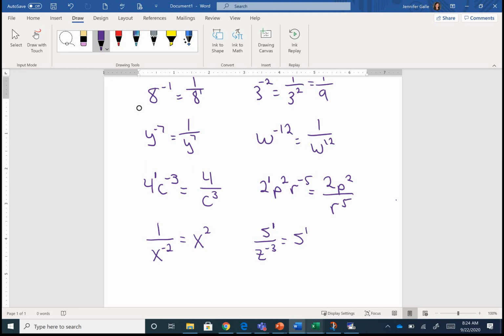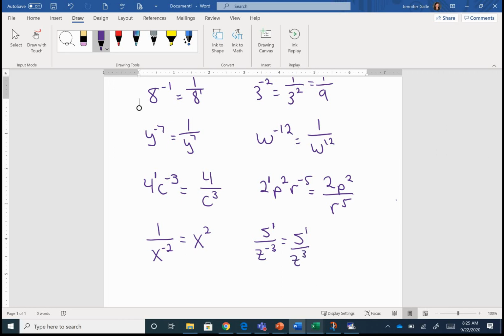Here's what I'm seeing on a lot of boards. This is not the correct answer, but this is what I'm seeing. That's why I wanted to stop you where you are. A lot of people are leaving the 5 alone. That's awesome. The 5's happy there. It's positive. It's staying. But all of a sudden, the z is just positive and it's still in the bottom.